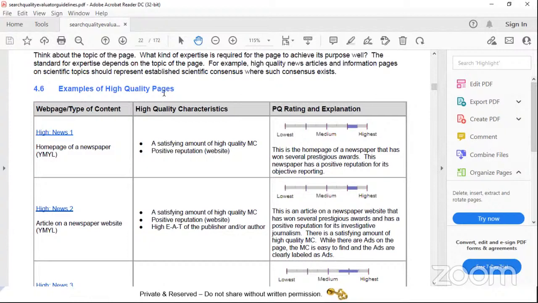You see examples of high quality pages. Newspapers, mostly they will be high, right? That means if we try to get our links in newspapers, it is always best. Same with articles in the newspaper.